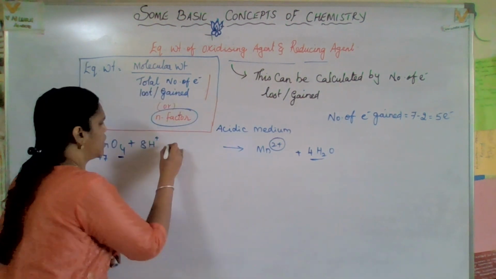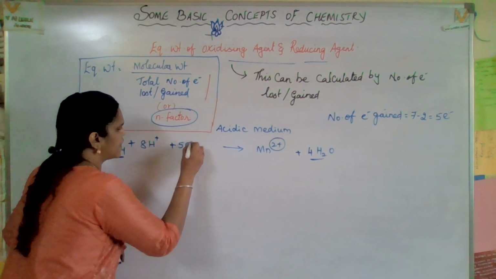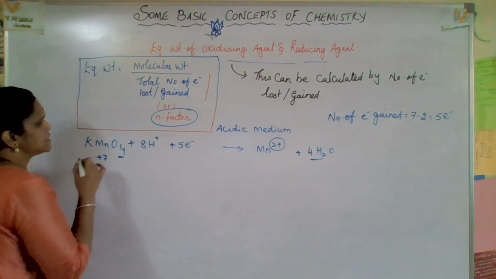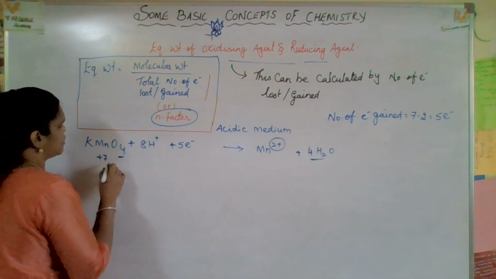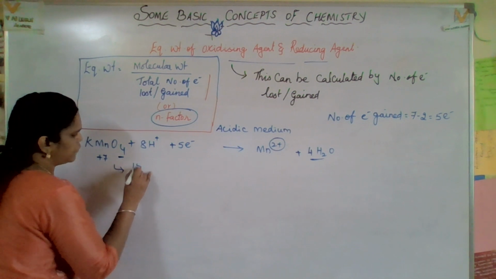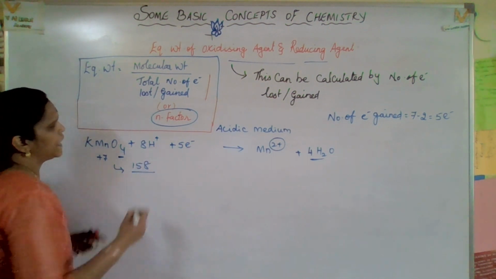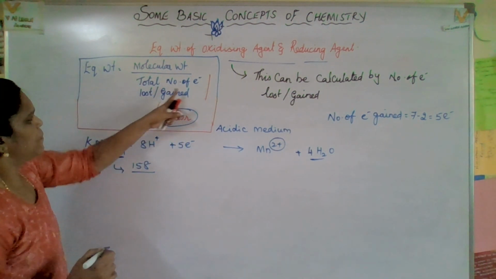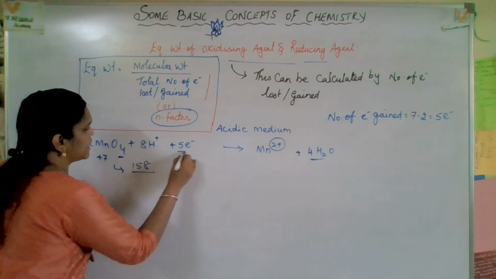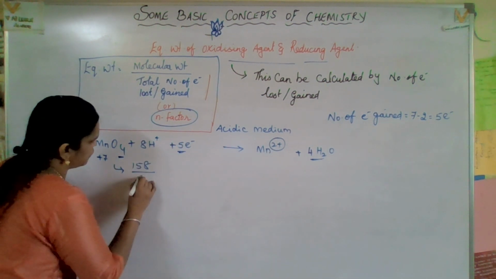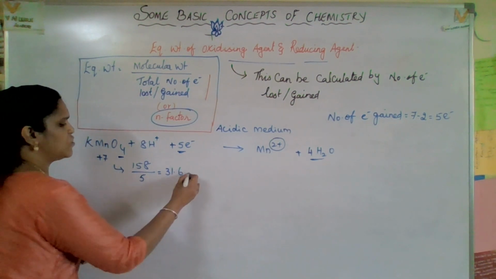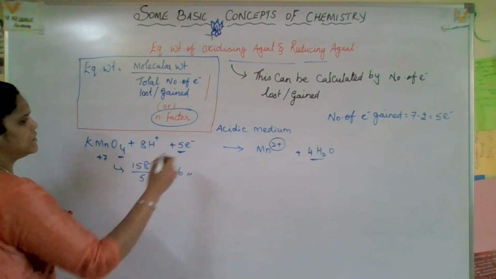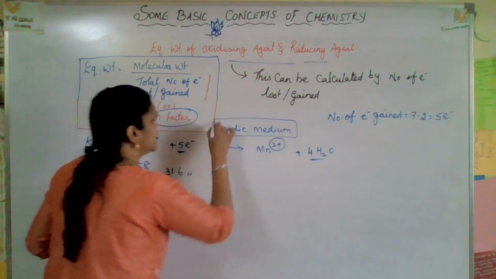So here you have to provide 5 electrons. In that way you can calculate it. What is the molecular weight of KMnO4? 158, divided by the total number of electrons gained, only gained, so that is 5. So you will get 31.6. There is no unit for equivalent weight, and this is the acidic medium.